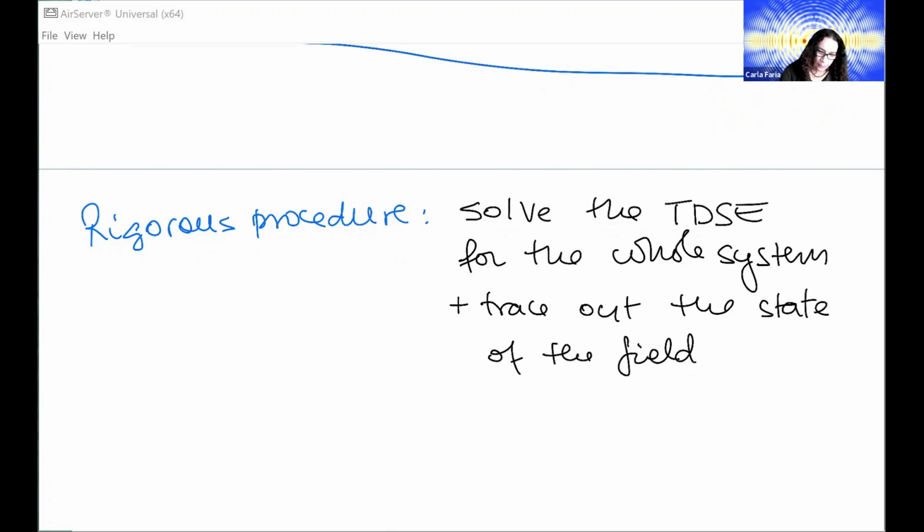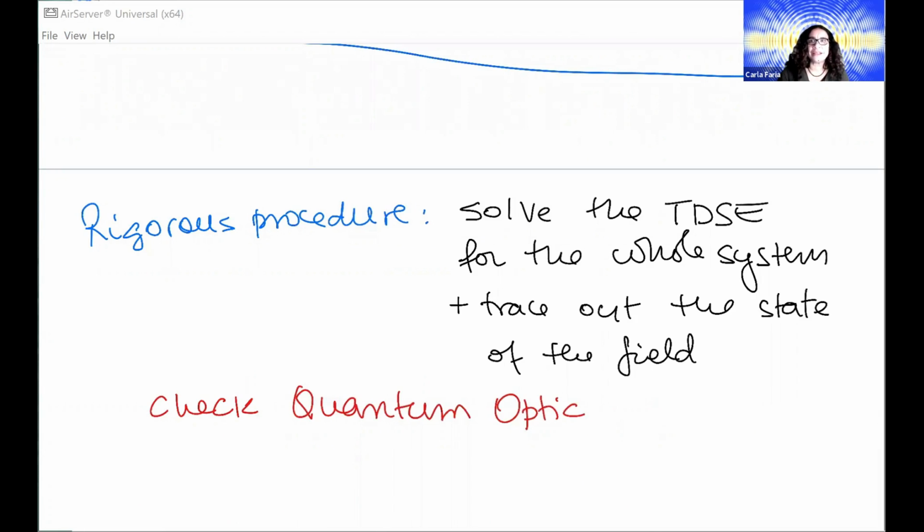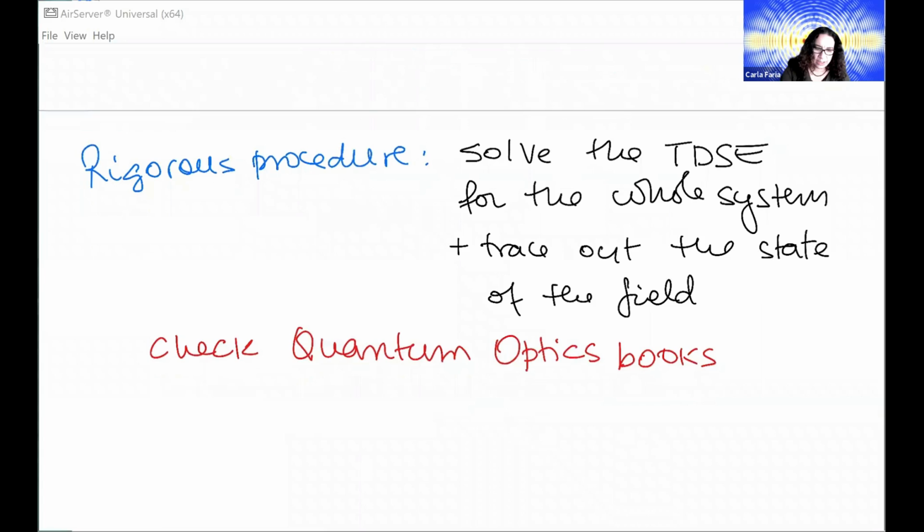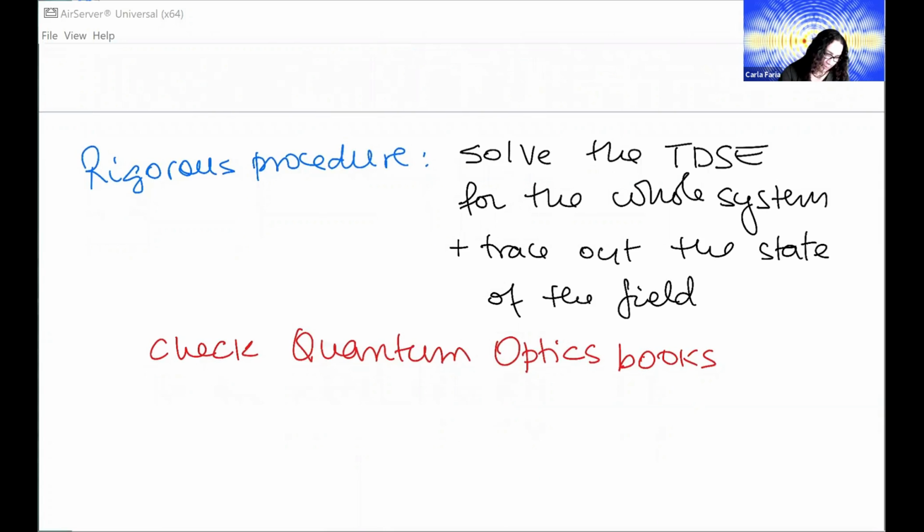And this is something, if you are curious, you can check in quantum optics books. I'm not going to do this here. It's quite involved. That is the right way of doing it. But we're going to see how we can do this using the formalism that we have just learned. So this would also be Wigner-Weisskopf theory.